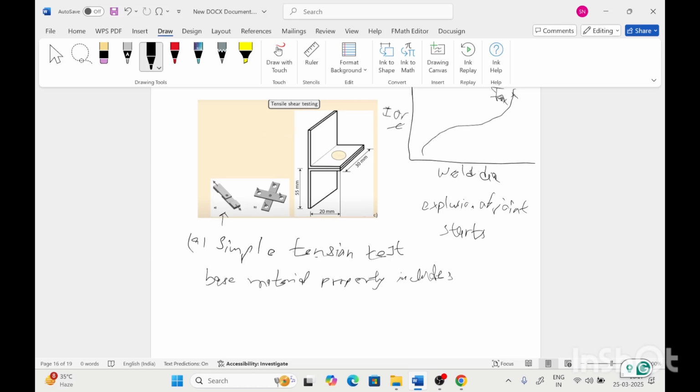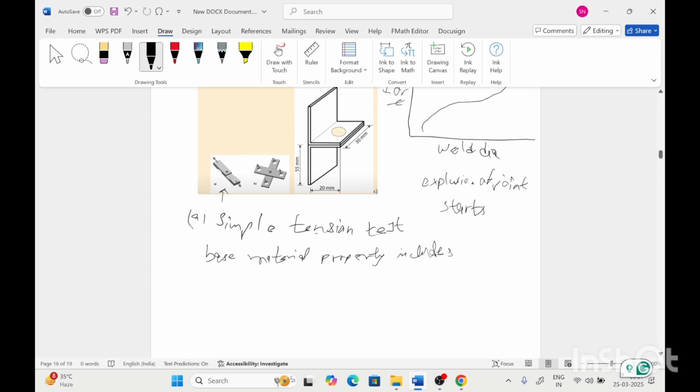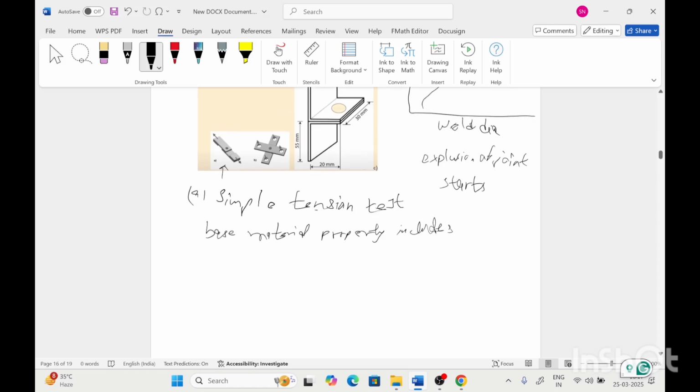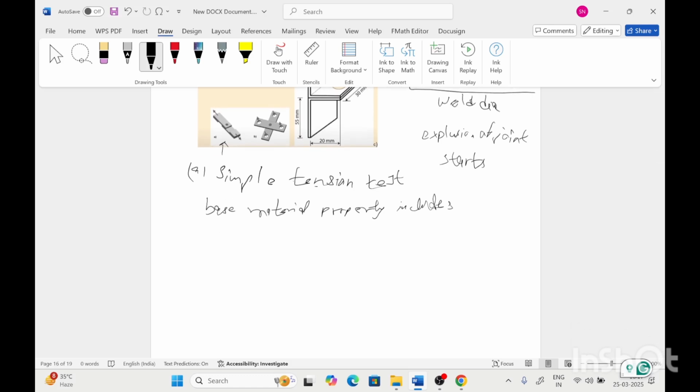So what do we get from the tension test of these spot welds? Generally, the stress required to break the weld joint apart and the maximum strength this weld interface can withstand.